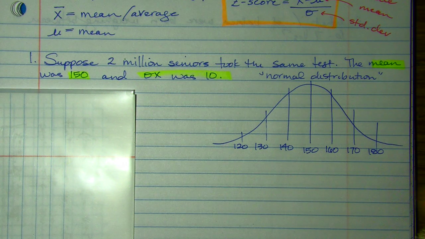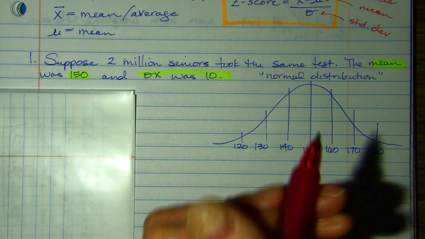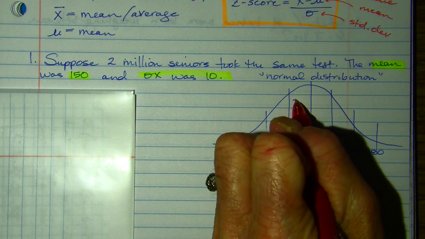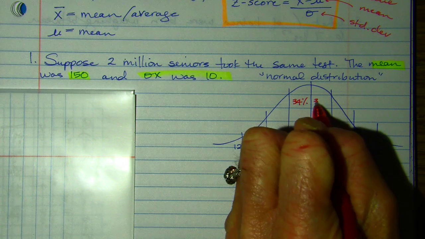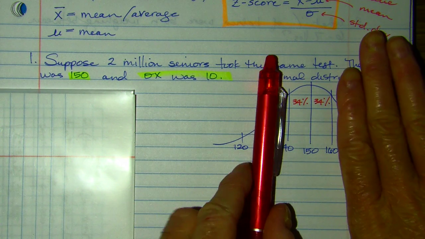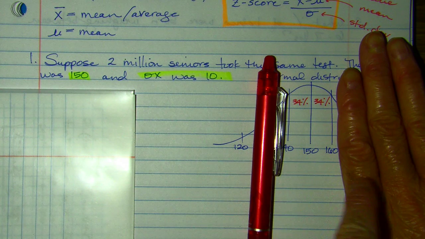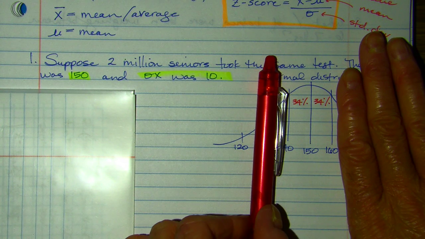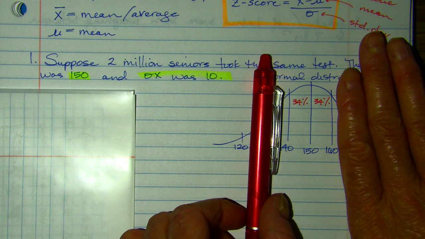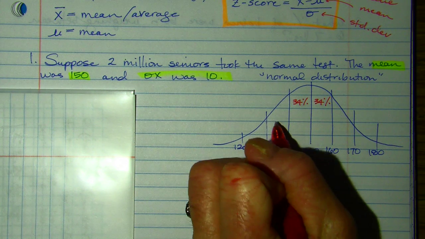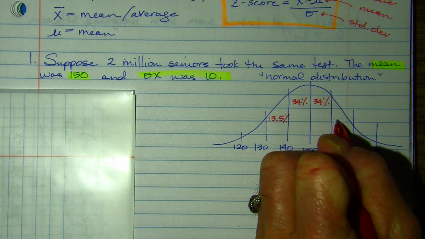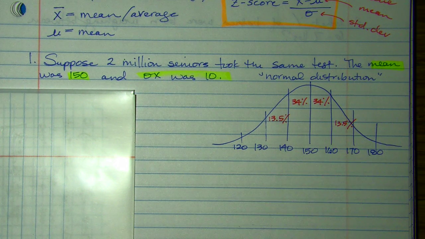And this is getting into some statistics, but if you remember, from the middle, each one to the left is 34% of your data, and this is 34%. So this first standard deviation to the left and to the right is 68%. So that would say that 68% of students scored between a 140 and a 160. As you work your way out, they get smaller, so 13.5%, 13.5%. This is in the book.